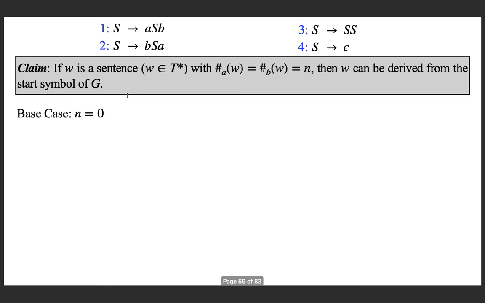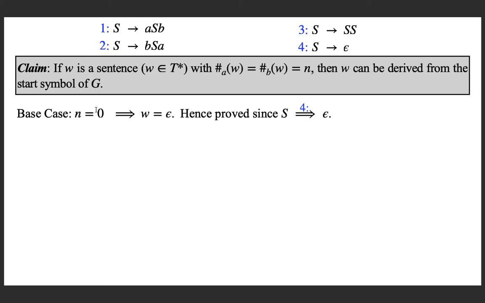And base case, when the number of A's in W is 0, which is same as number of B's, then W must be epsilon. Number of A's in W is 0, number of B's in W is 0. And this is done because we can derive epsilon from the start symbol in one step if you apply production number 4. So you can derive W when W is epsilon, when n equal to 0.